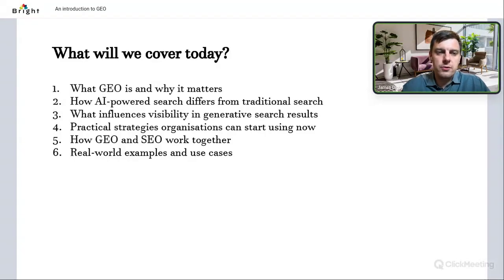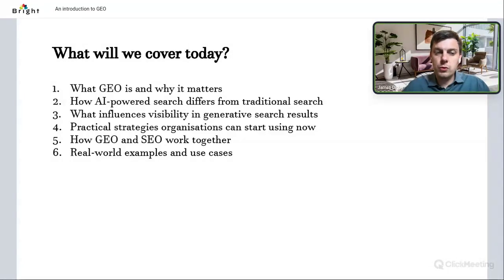We are going to talk through what it actually is. Why does it matter at the moment? We'll talk a little bit about how it differs from traditional search and some of the differences with SEO, which is probably something that you've looked at in the past. We'll talk about what actually influences your visibility in generative search results, and some practical strategies that you could start to use straight away, so stuff that isn't too overly complicated.